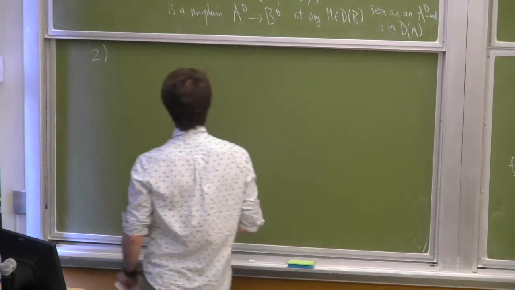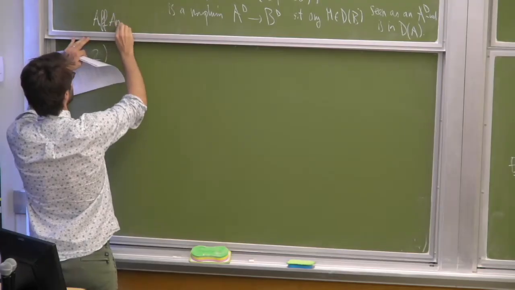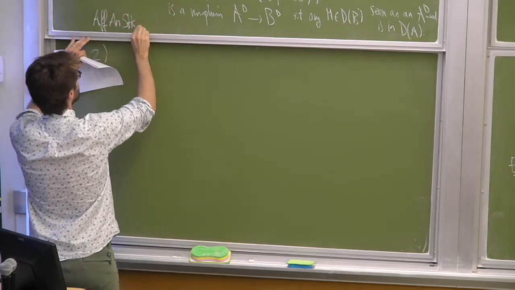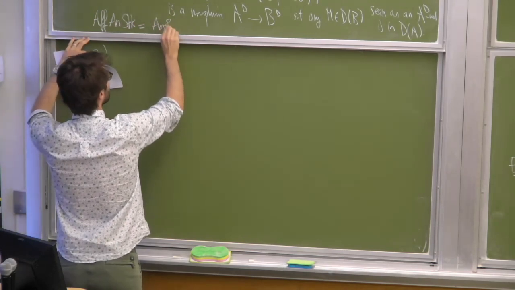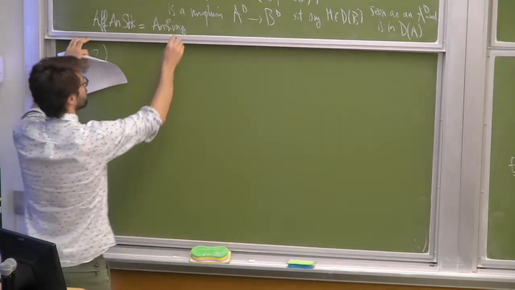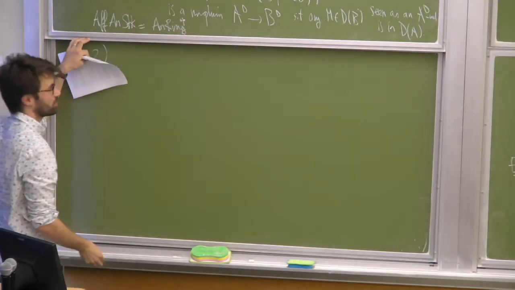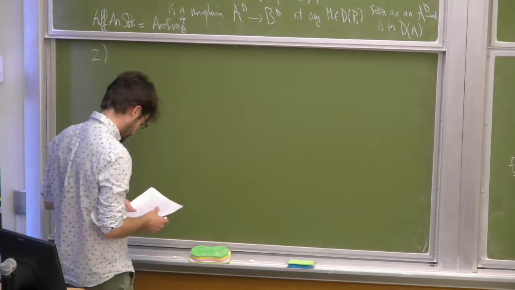So then you define affine analytic stacks just as the opposite category. So there is a category of analytic rings, and then, exactly as I did before, I define affine analytic stacks to be the opposite category.